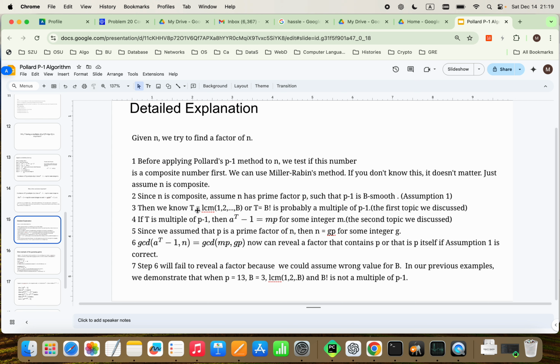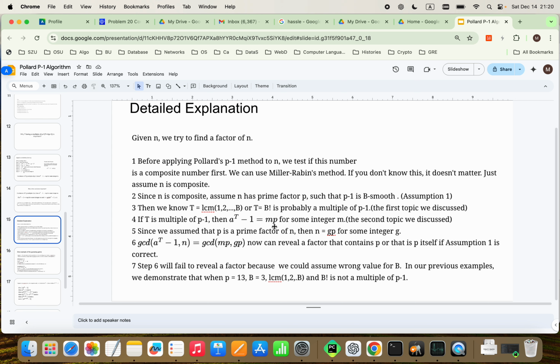Then this number t, as explained before, is probably, not 100%, a multiple of p minus 1. This we have already discussed in the first part. So if t is a multiple of p minus 1, then this value a to the t minus 1 is going to be a multiple of p.